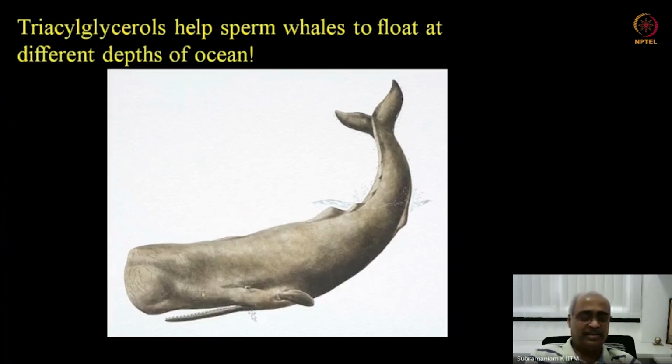So shown here is a sperm whale. Pay attention to its head. This is its mouth, here is the eye, and this portion is a tank literally above the head. Its head ends here, but this portion is a tank that holds about 4,000 liters of triacylglycerol.